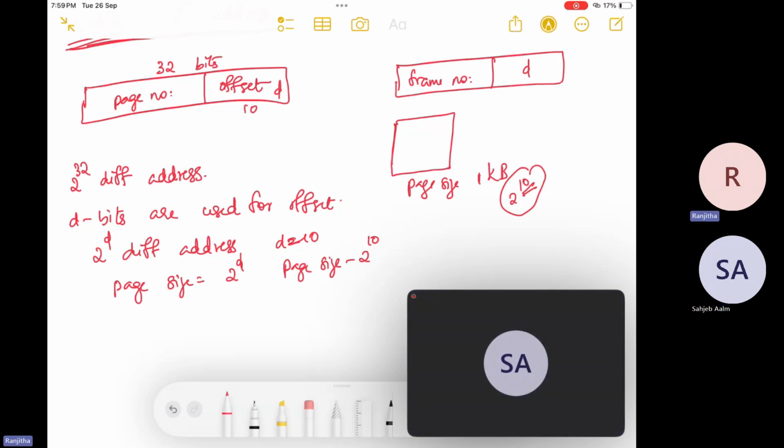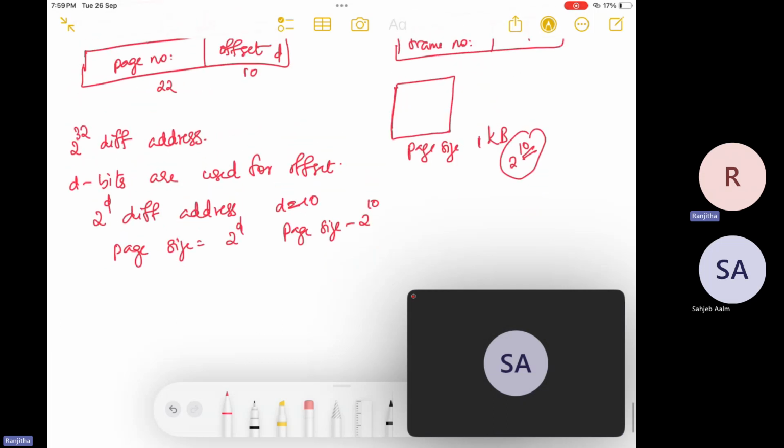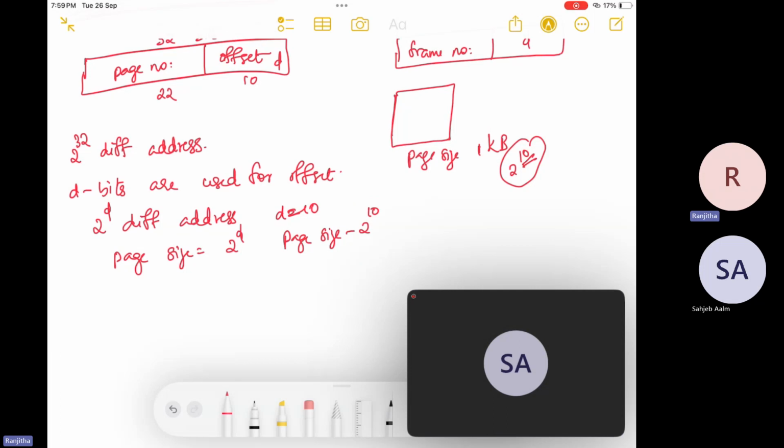तो अभी इस एग्जाम्पल में ये 10 हो गया, तो बाकी 22 हो गया, राइट? पेज नंबर के लिए हमारे पास 22 बिट्स हैं। तो 22 बिट्स के थ्रू कितने पेज नंबर्स को हम रिप्रेजेंट कर सकते हैं? 2 power 22 different pages, right?